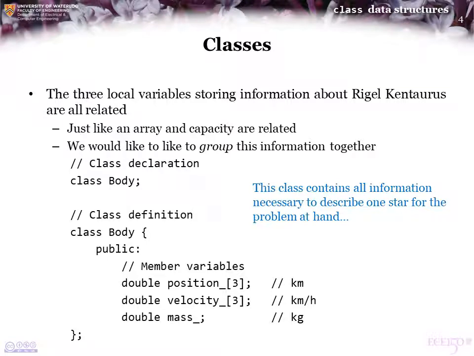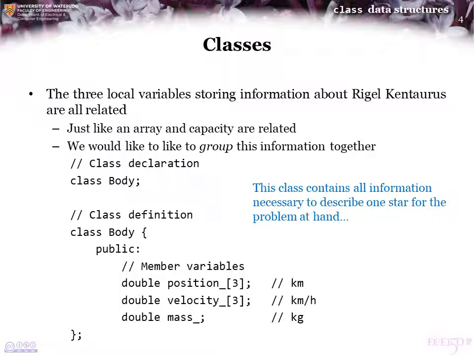So this class, as it stands right now, contains all the necessary information about a star for the problem at hand, and that is simulating how the stars are going to move through the sky. It does not contain information about which stage the star is at, or the color of the star, or the radius.